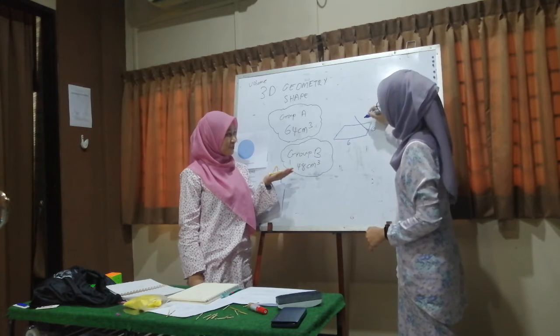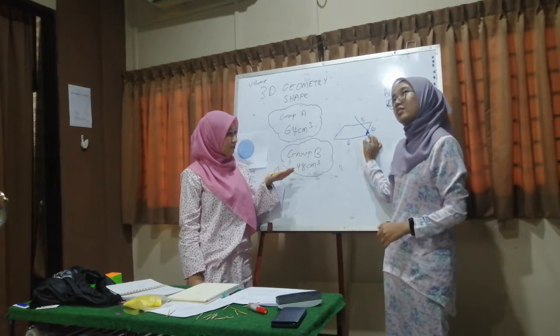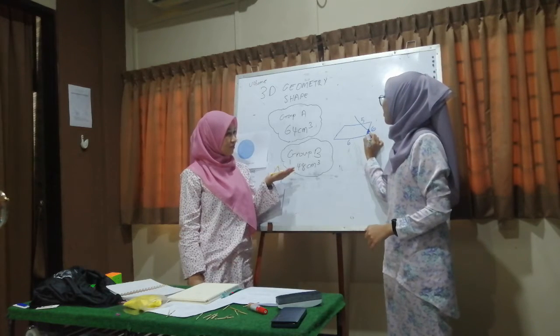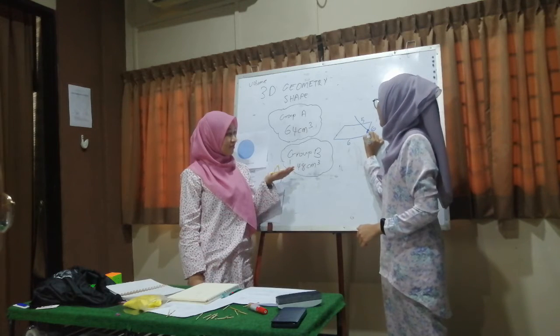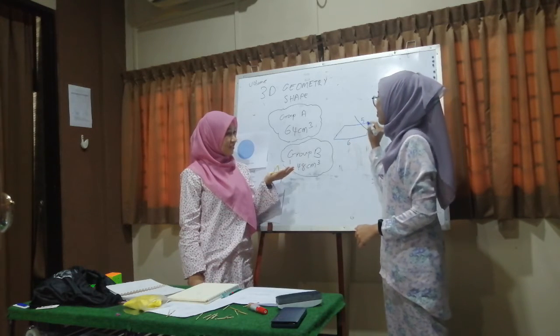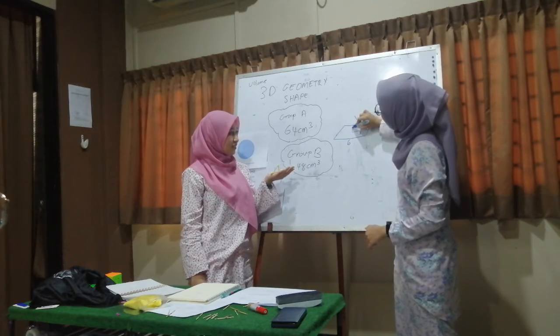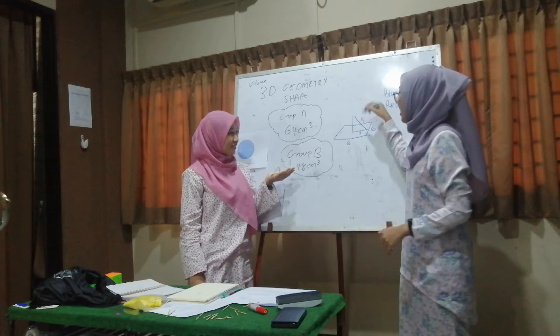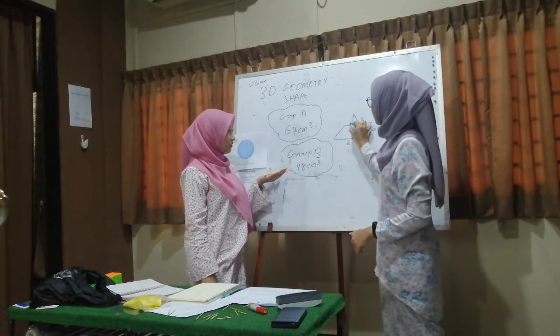To find the height, for the base we need to divide 6 by 2, and then we get 3. Then we can get the height of the triangle by using Pythagoras theorem. We got 4.